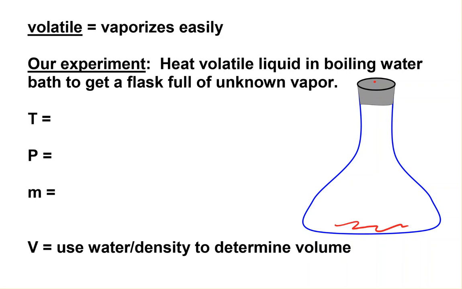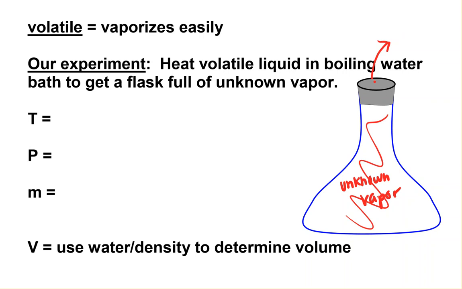And when we dunk it into boiling water, the unknown will vaporize and fill the flask. There'll be extra. So what'll happen is through this little hole, first, of course, air will come out, but then also some of the unknown will leave as well.